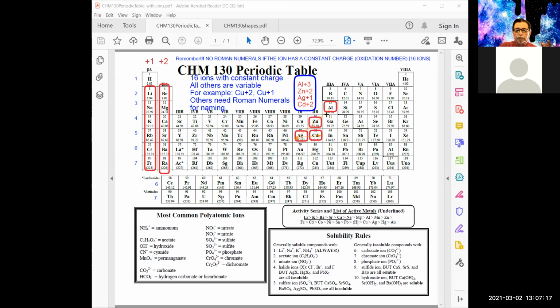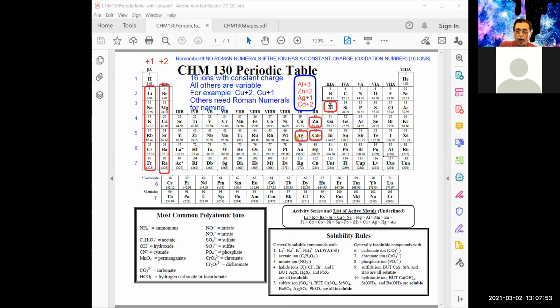Aluminum has a +3 charge 100% of the time. Zinc has a +2 charge 100% of the time. Silver, Ag, when it becomes ionic, always has a +1 charge. And cadmium, Cd, always has a +2. And so there we have it. We have 16 ions whose oxidation number we know 100% of the time. There's only 16.